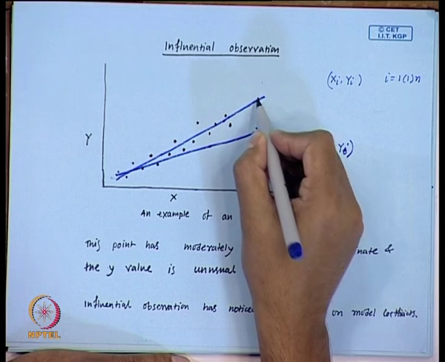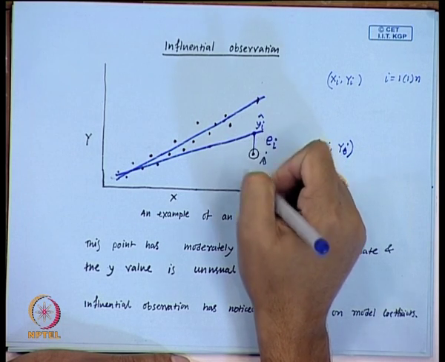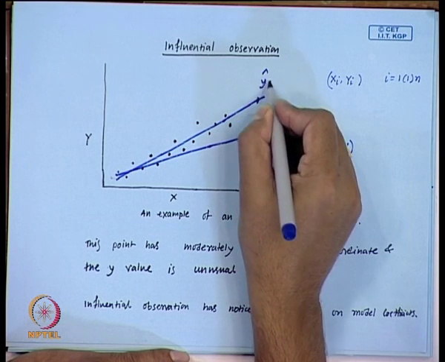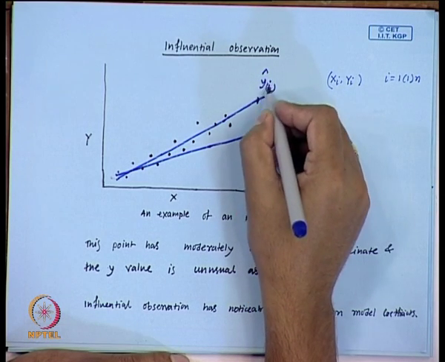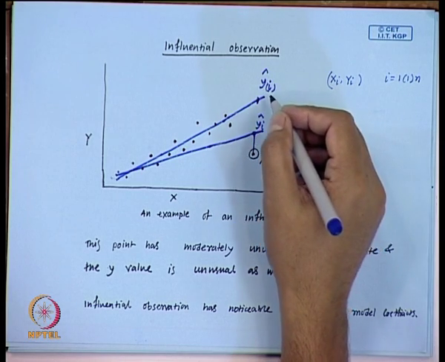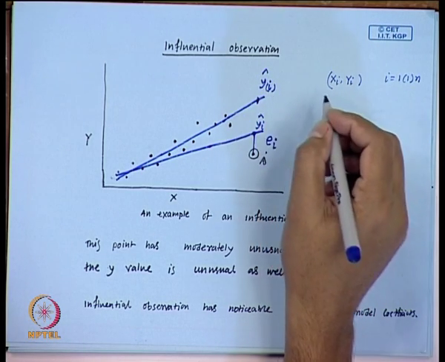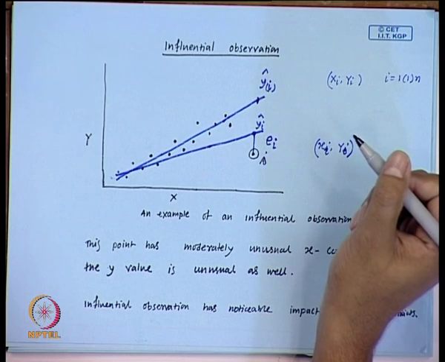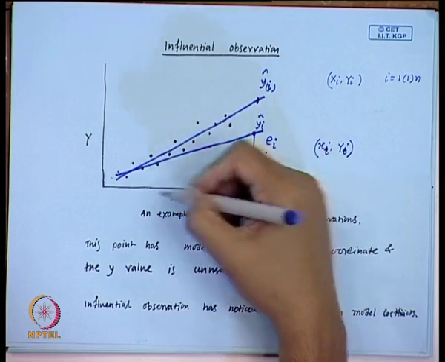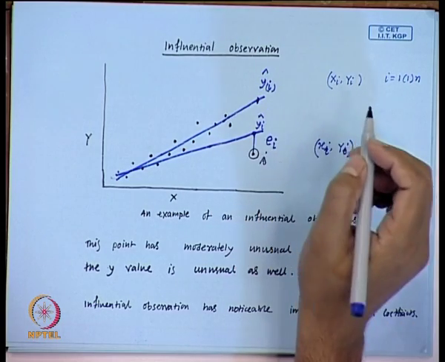This value is y I hat bracket I, the fitted value of the ith response variable based on all the observations except the ith observation.